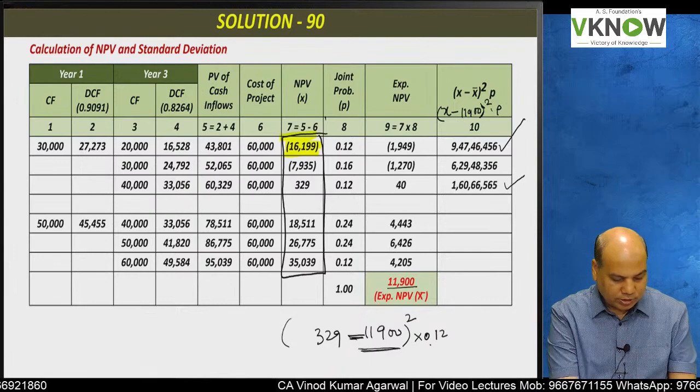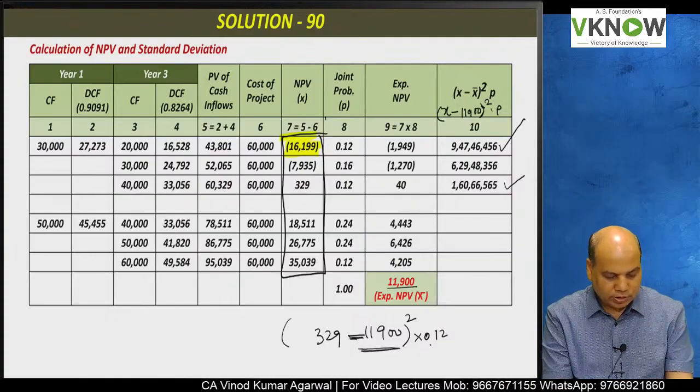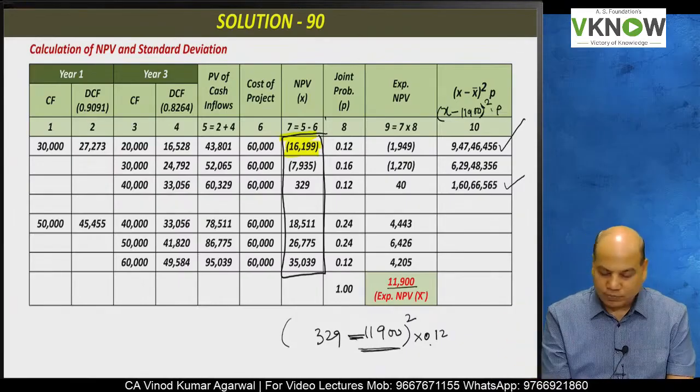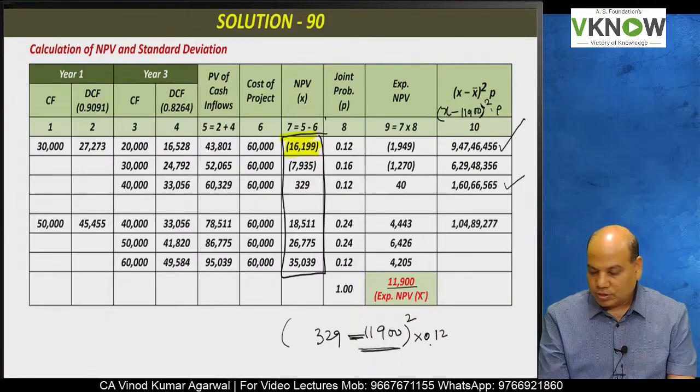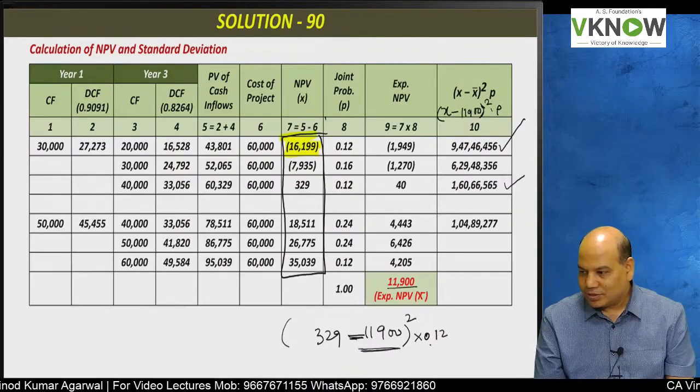How are you getting such big numbers? So the answer is 16066,565.92. Round off the last digit. Next number.